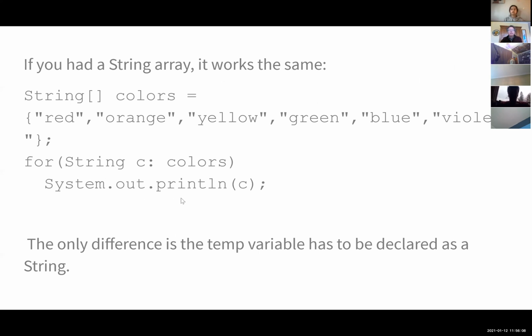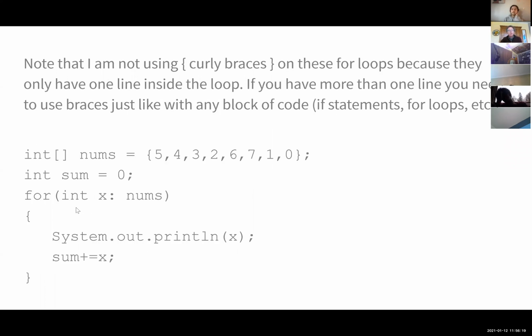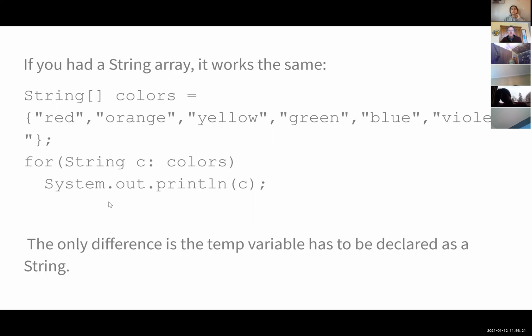So we're using that as a place to put all the elements from the array one at a time. And so the only difference between this problem and the last problem is instead of saying int c or int x, we have to say String because our array is full of strings. Any questions?